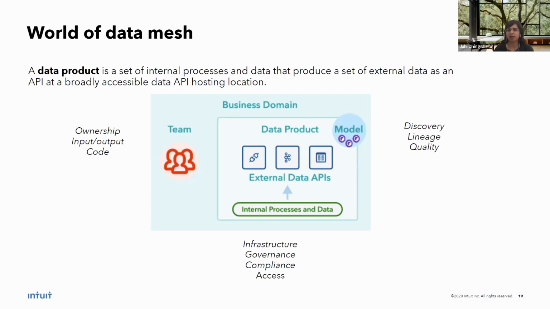Now, what is a data product actually? A data product is a set of internal processes and data that produce external data, which can be consumed by downstream consumers. It has infrastructure, governance, compliance, access, everything associated to it and taken care of by the platform itself, including the data set. All of this is called a data product.